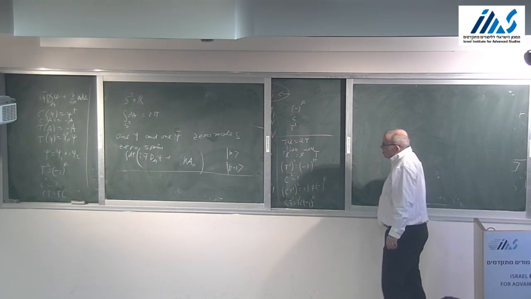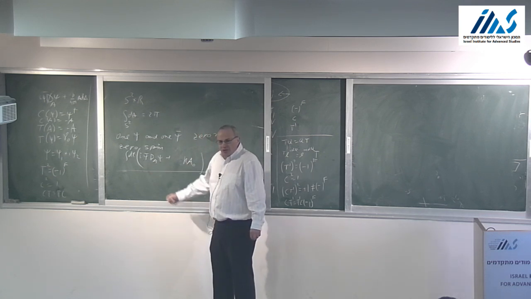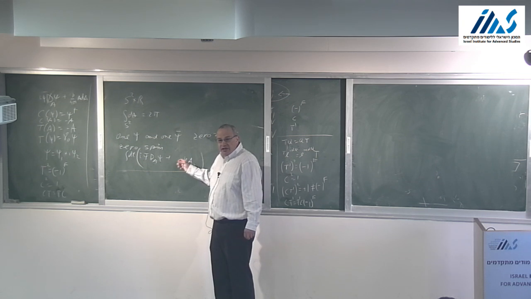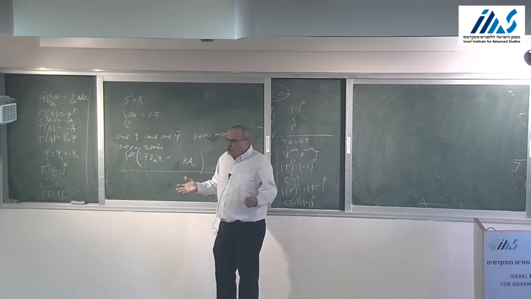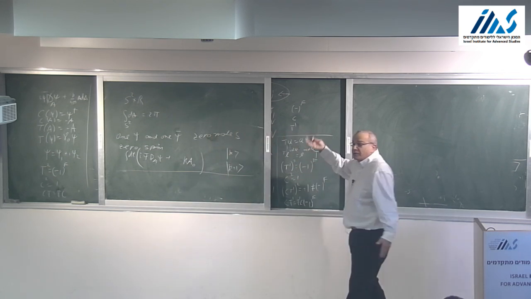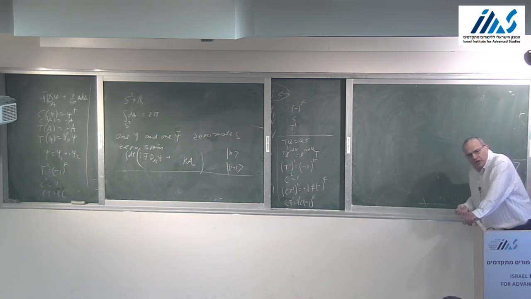Alternatively, we could say, no, we got the normalization of A wrong. We should put a 2 here and a 2 here, and then we can choose k to be a half. And if k is a half, we can preserve the discrete symmetry, but we lose the proper periodicity of the gauge field. And what was option 3?